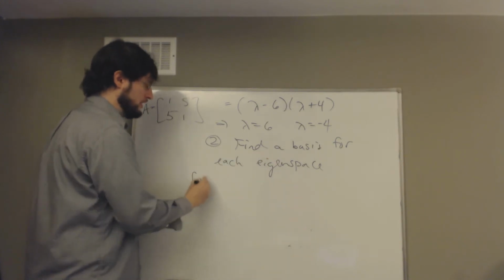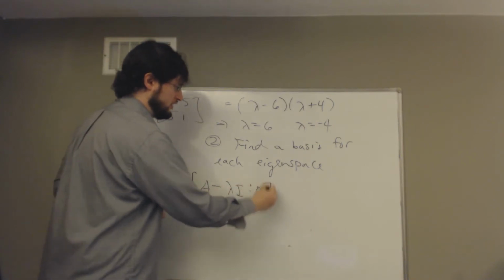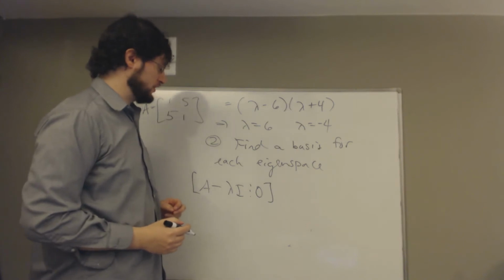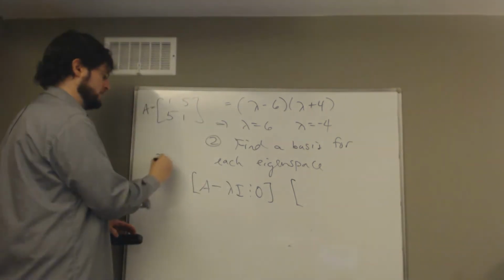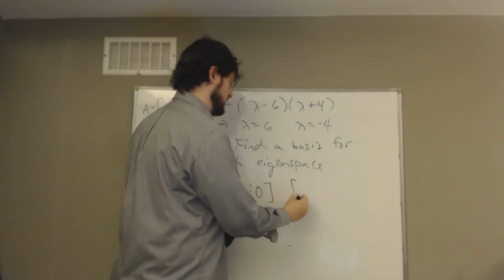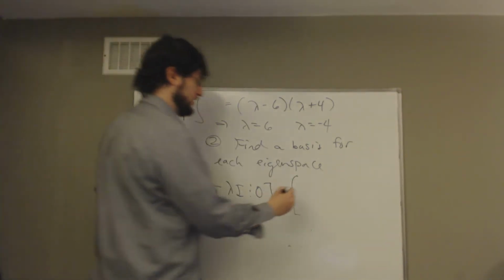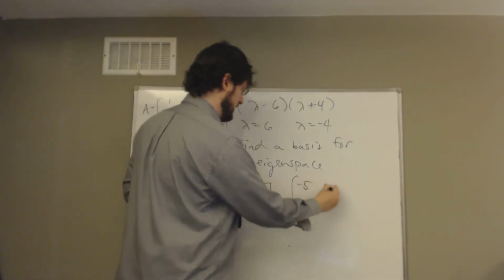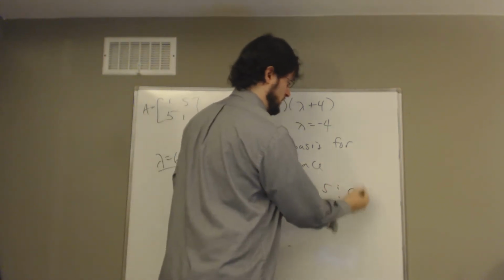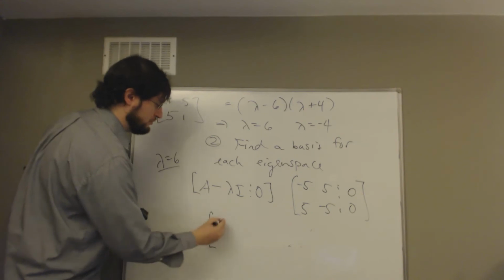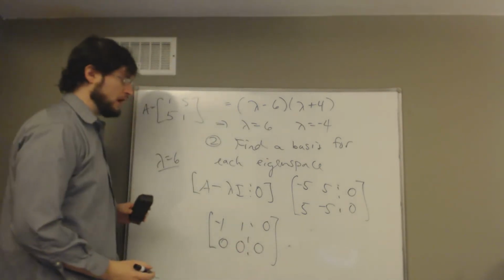So remember what we're really doing here, we're looking at A minus lambda I as a system of equations set equal to the 0 vector. So let's look at lambda equals 6 to start. If lambda is 6, this becomes A minus 6I, which is minus 5 on the diagonal, 5's everywhere else. We row reduce this, and it becomes minus 1, 1, 0, and then zeros on the bottom row.